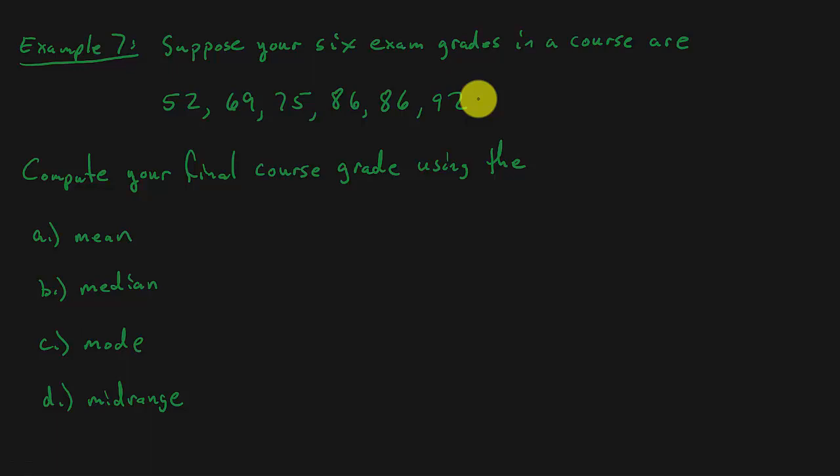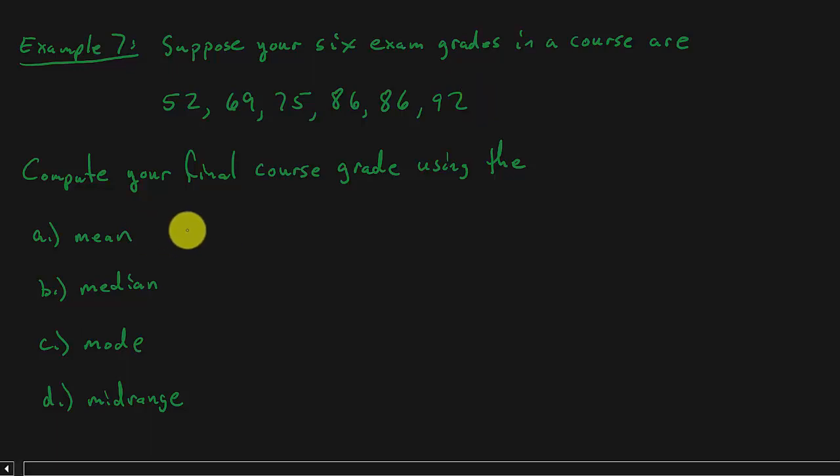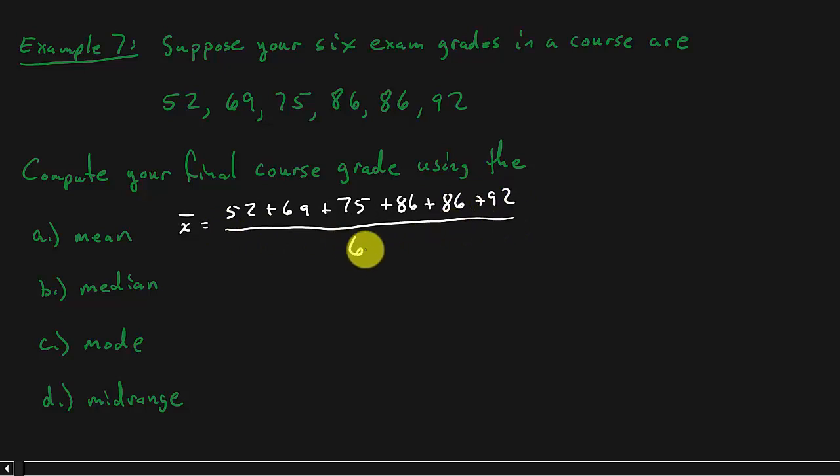All right, so the mean, so for part A, X bar is equal to 52 plus 69 plus 75 plus 86 plus 86 plus 92. And that's divided by, well, they already told us there's 6 exam grades. And when we punch that into our calculator, we get a 76.67 average. So that would be your average with those grades.